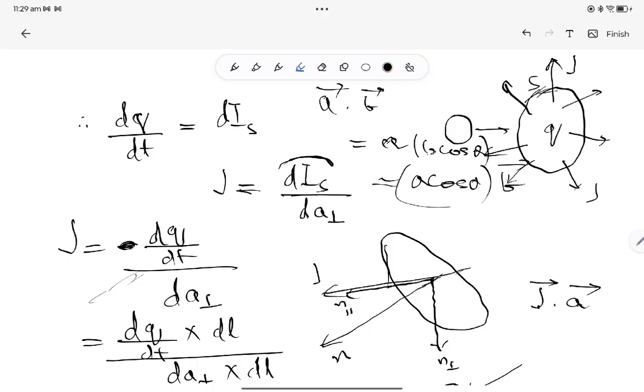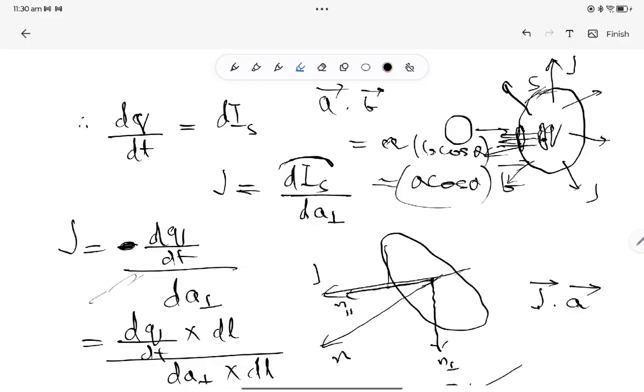What is this dl? For example, suppose you take an area element like this through which current flows, and this flow begins here, and in dt time it crosses this.